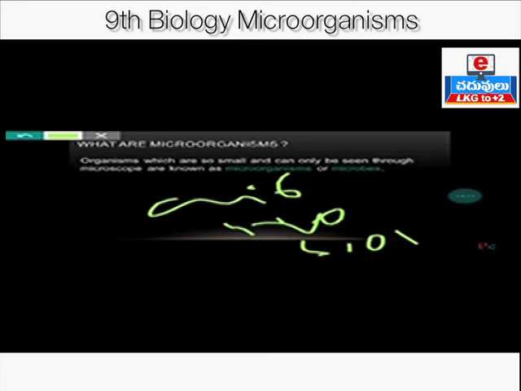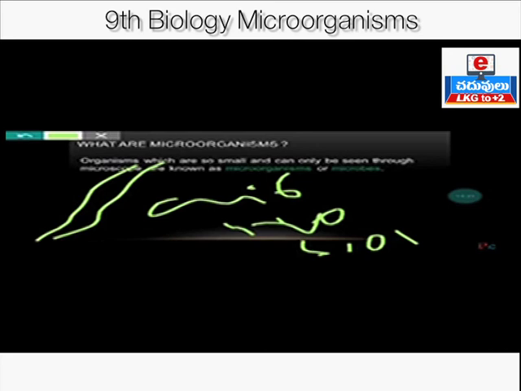We can find them in every place, in hot conditions, cool conditions, even the Himalayas. Some microbes live in cracks in the sea floor, and these cracks also contain microorganisms.